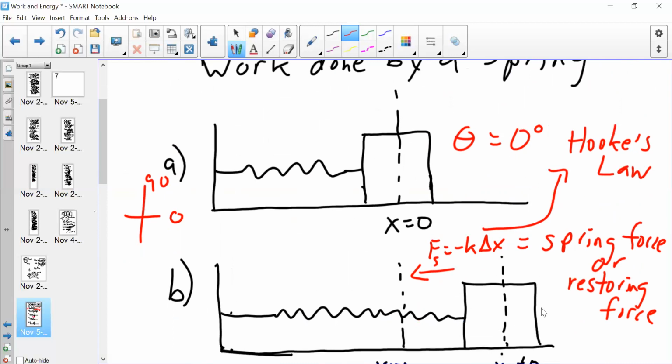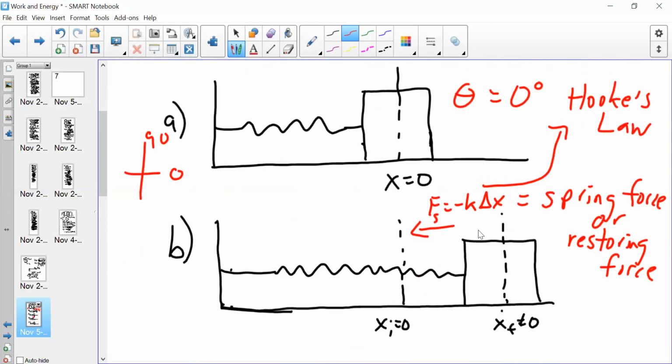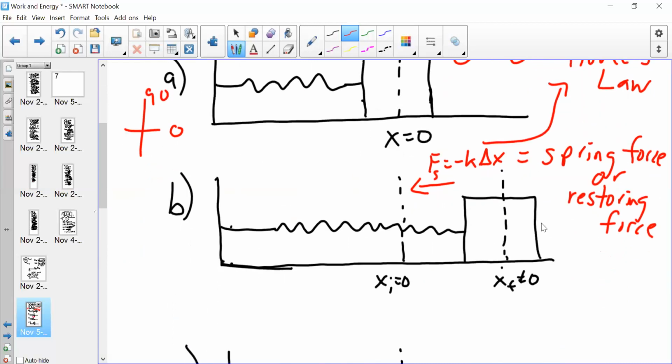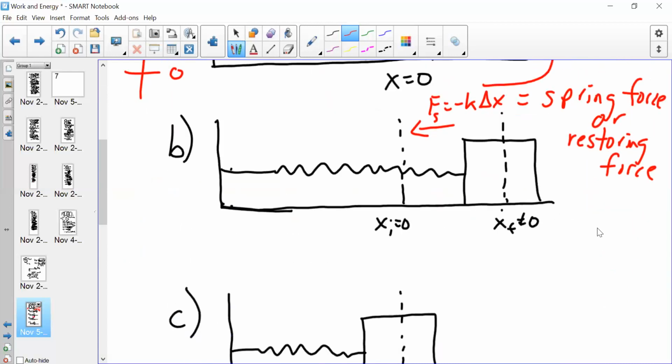Okay, so let's keep it simpler than that. The restoring force would be Fs equals negative k delta x, and k represents how strong the spring is. Every spring has its own strength, its own spring constant.